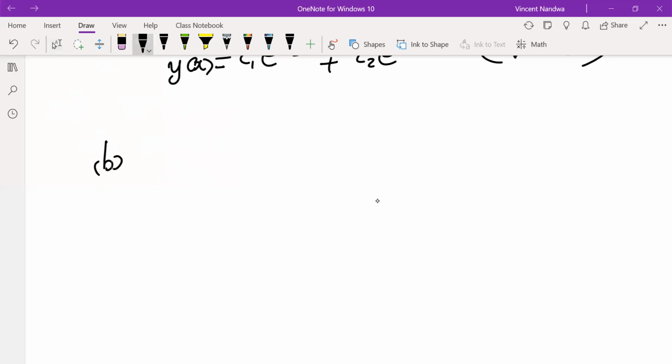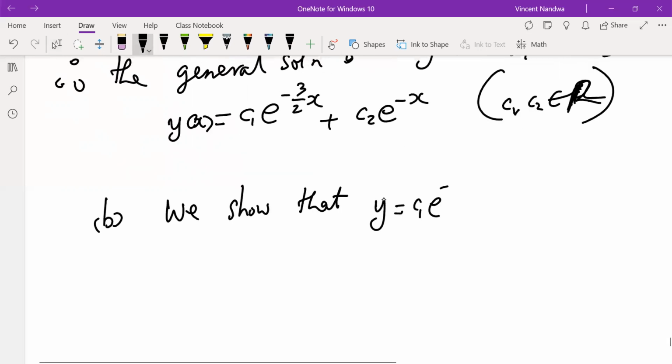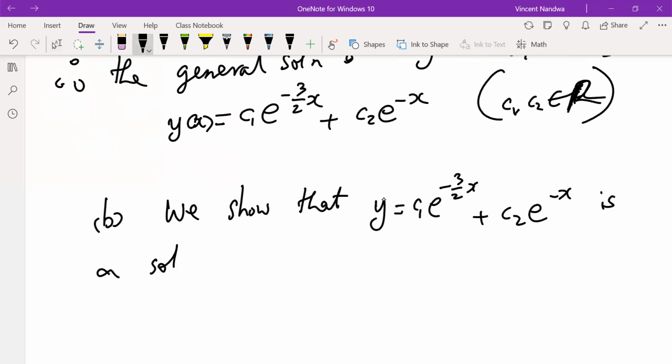So for part B, we show that y equals c1 e^(-3/2 x) plus c2 e^(-x) is a solution to 2 d²y/dx² plus 5 dy/dx plus 3y equals 0.